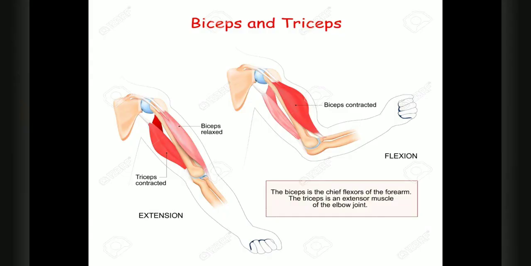If you see a biceps, it always brings flexion, that is folding of your hand. So biceps are also called as flexors, and triceps, they bring extension of elbow joint, so they are also called as extensors. So biceps are flexors and triceps are extensors.